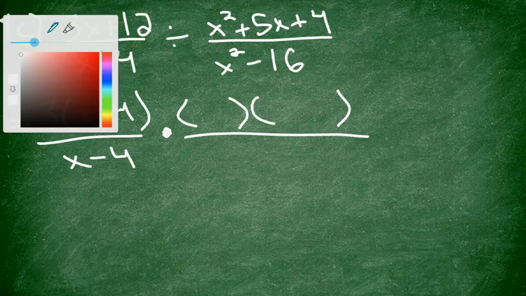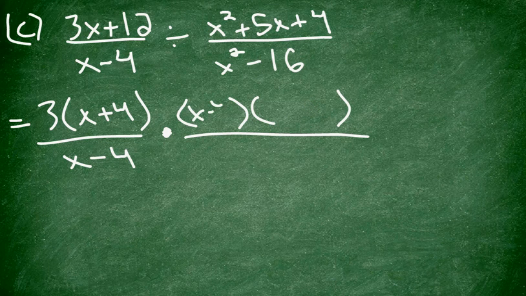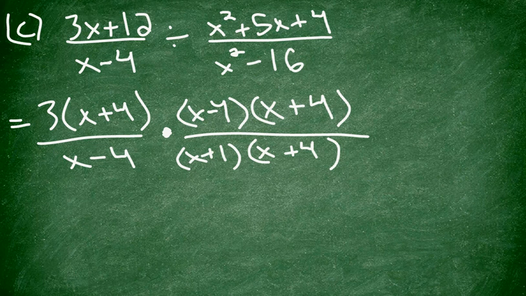And then that's also a difference of squares, so that would become x minus 4, x plus 4. And then if I factor x squared plus 5x plus 4, again, that gets moved to the bottom because I'm multiplying by the reciprocal. And the factorization of that is x plus 4 and x plus 1.